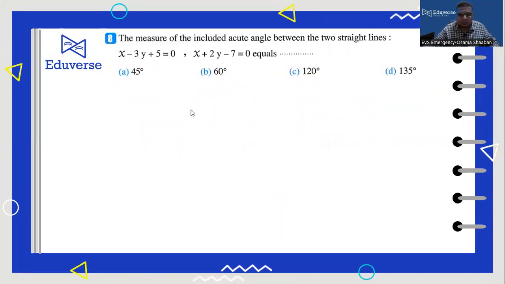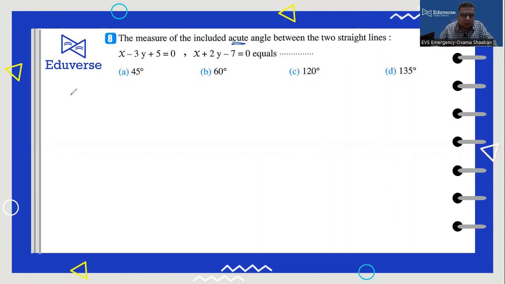Number 8. The measure of the included acute angle between the two straight lines. You have the two equations of the two straight lines. I mean the included angle between them.